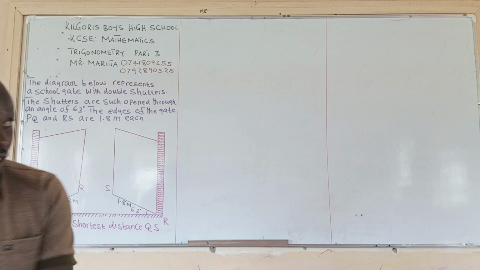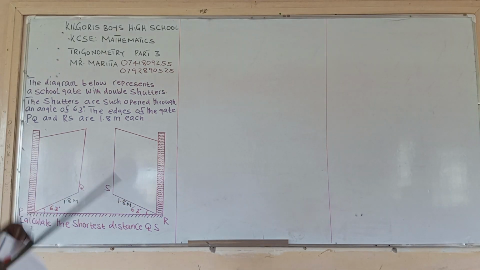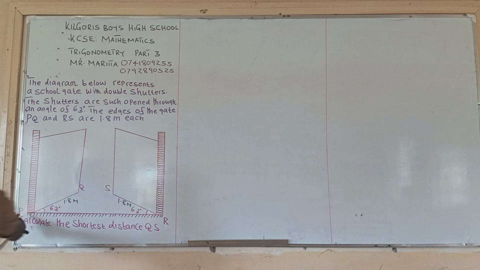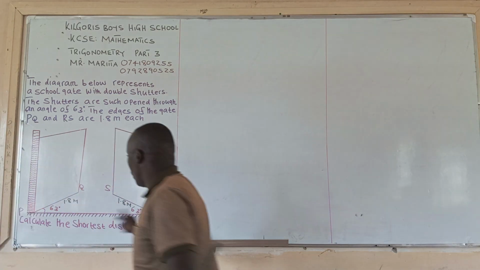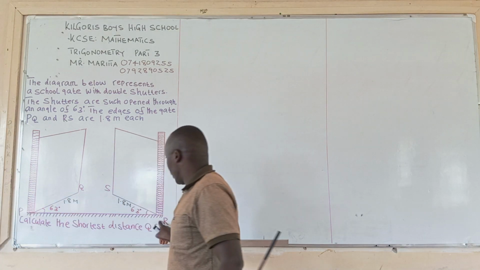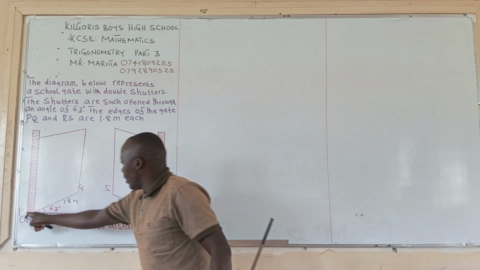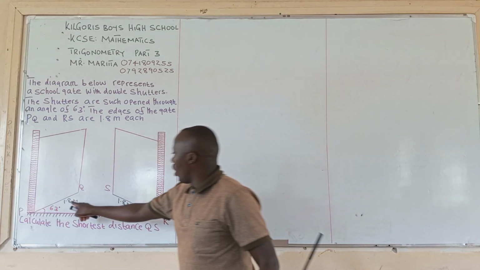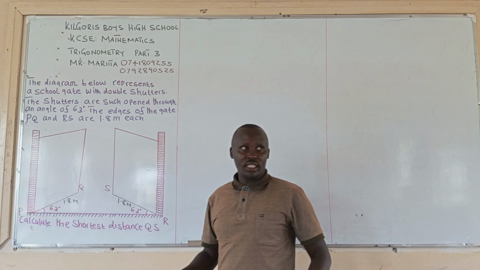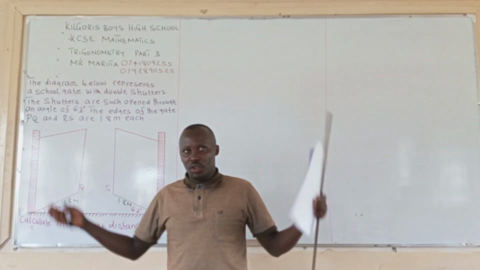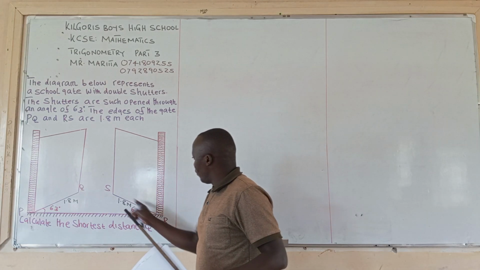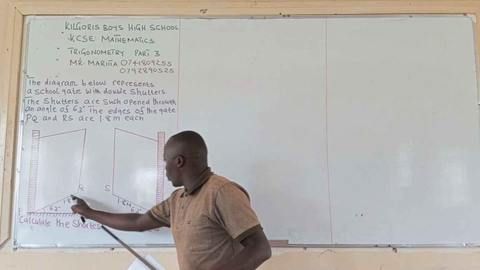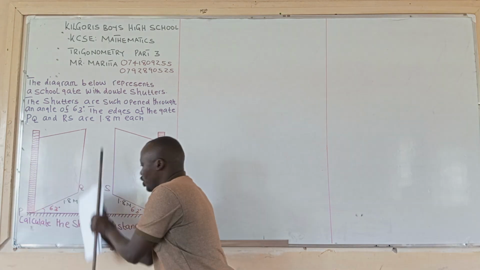From this diagram, you can understand that we have the distance PR. PR is the same as 1.8 plus 1.8, because if you close the gate, the 1.8 meters and 1.8 meters will join.